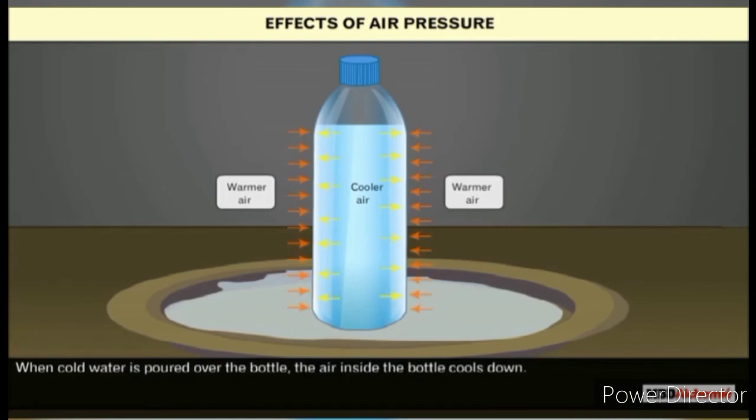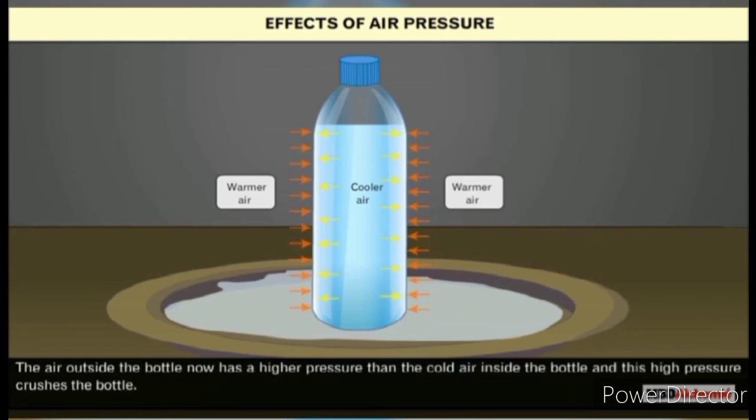When cold water is poured over the bottle, the air inside the bottle cools down. Colder air has a lower pressure, so there is now a lower pressure exerted by the air inside the bottle. The air outside the bottle now has a higher pressure than the cold air inside the bottle, and this high pressure crushes the bottle.